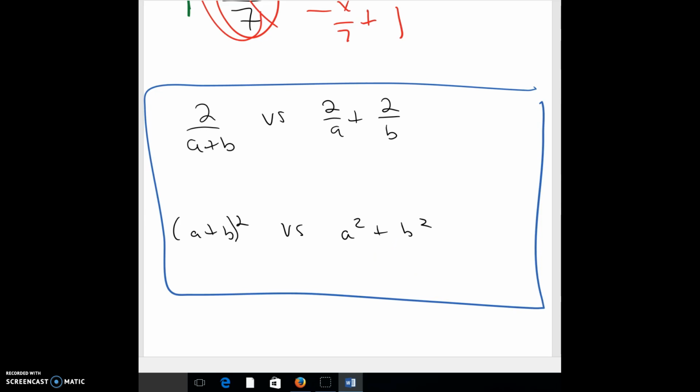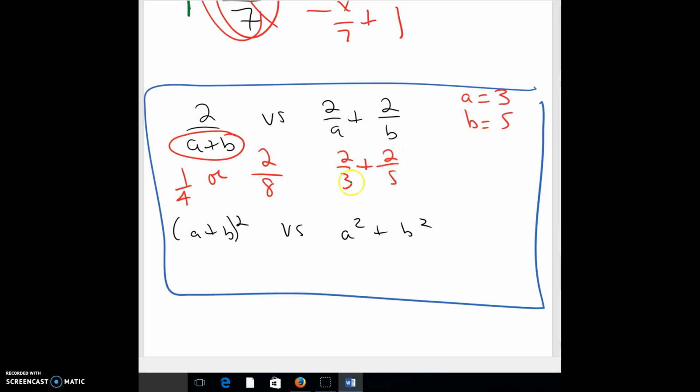All right, so I am going to just make up any number, and again, you could have made up different ones, that's fine. So if I do the math over here, it's saying add A and B first, and then 2 over A plus B is 2 over 8, which is the same as a fourth. Now over here, if I sub A in, I get 2/3, and then B would be 2/5.